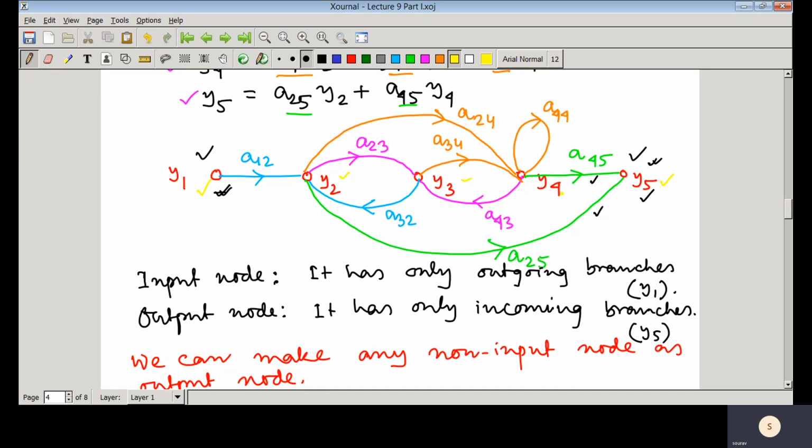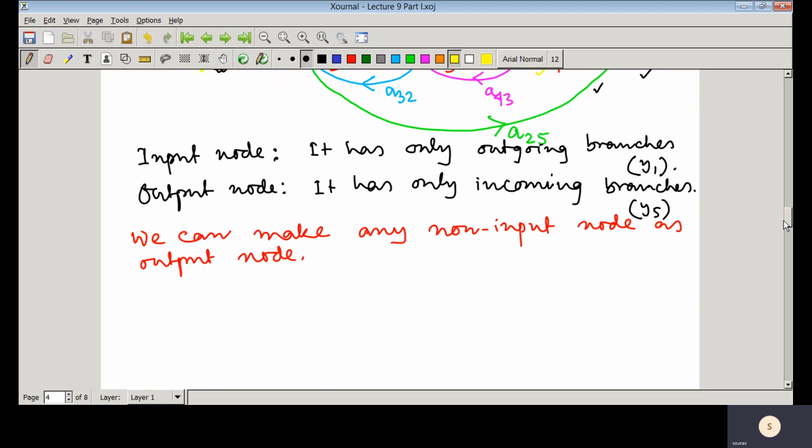Y2, Y3, Y4 are not input nodes. So according to this statement, we can make any node which is not an input node, that is Y2, Y3 and Y4, an output node. Let us see how it can be done.